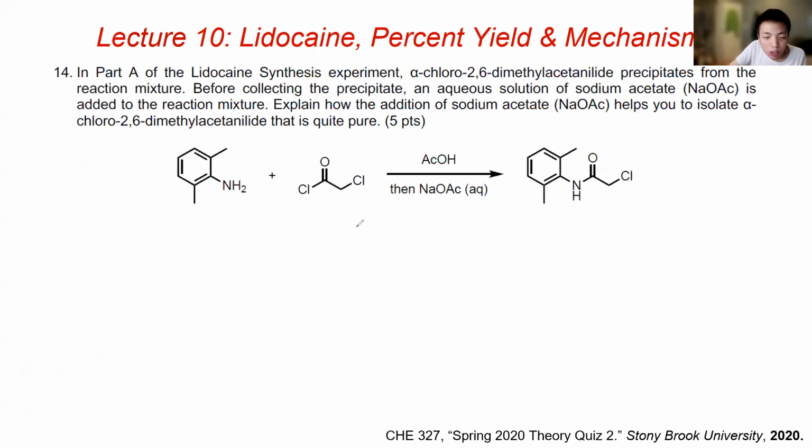So because we generated HCl, the aniline can actually react with HCl and form NH3 plus Cl minus. And is this soluble in water or insoluble in water? I think it's insoluble in water. Yeah, it was insoluble.